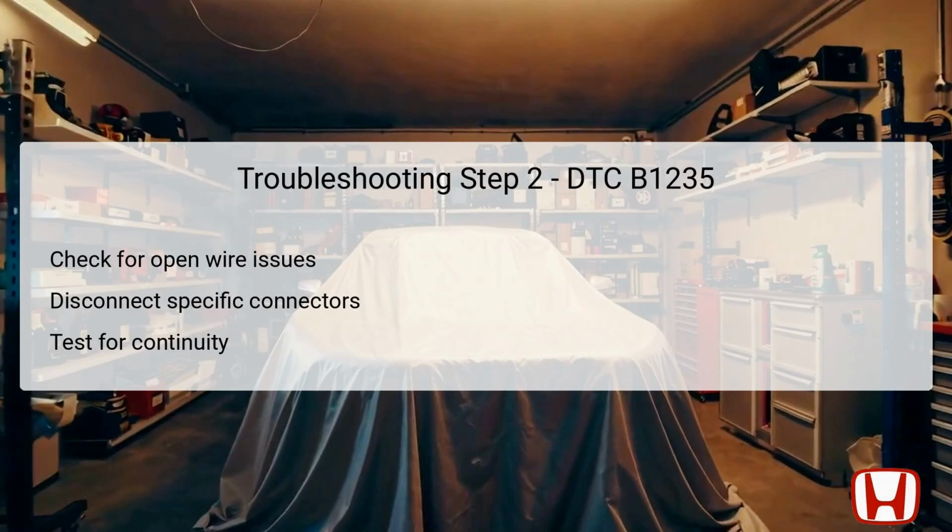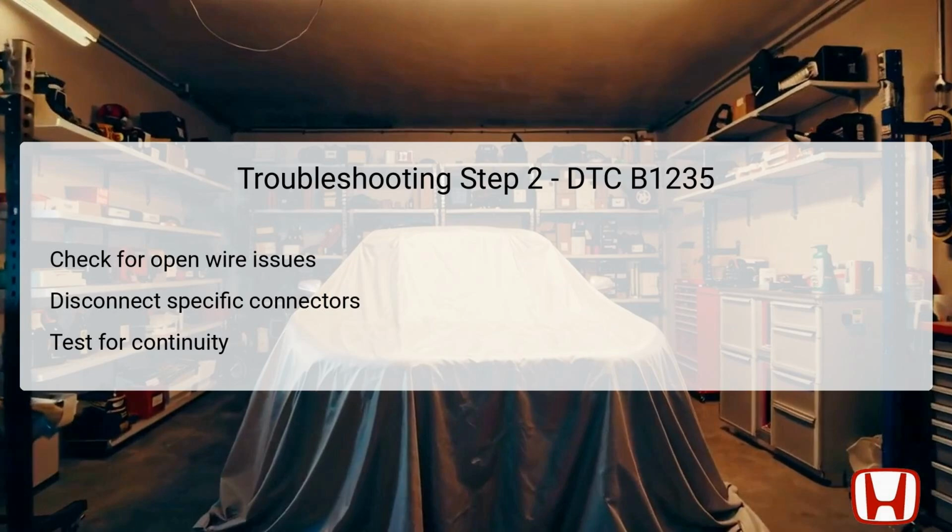In the second troubleshooting step for DTC B1235, the technician must check for any potential open wire conditions in the M-HOT DR line. To facilitate this, turn the vehicle to the off/lock mode and disconnect the climate control unit connector B24P and the driver's air mix control motor 5P connector.